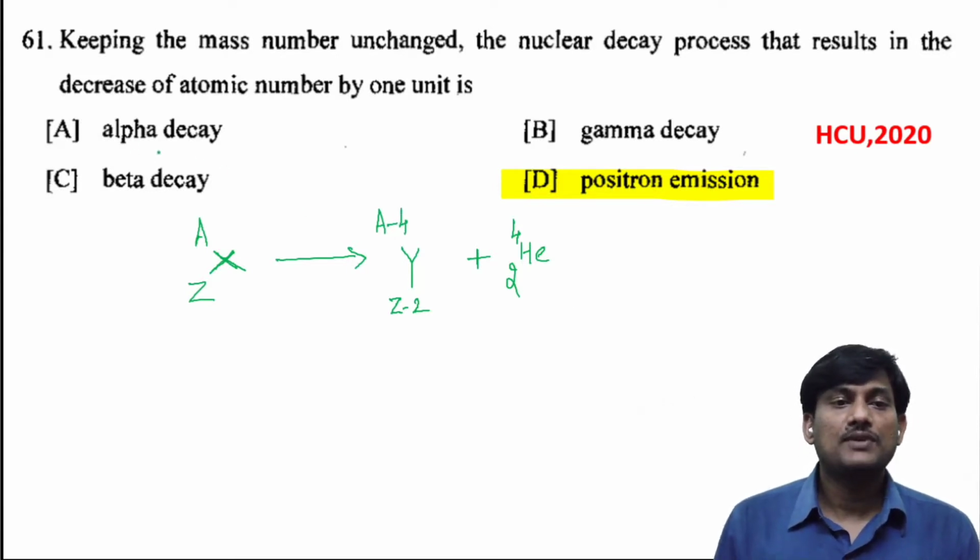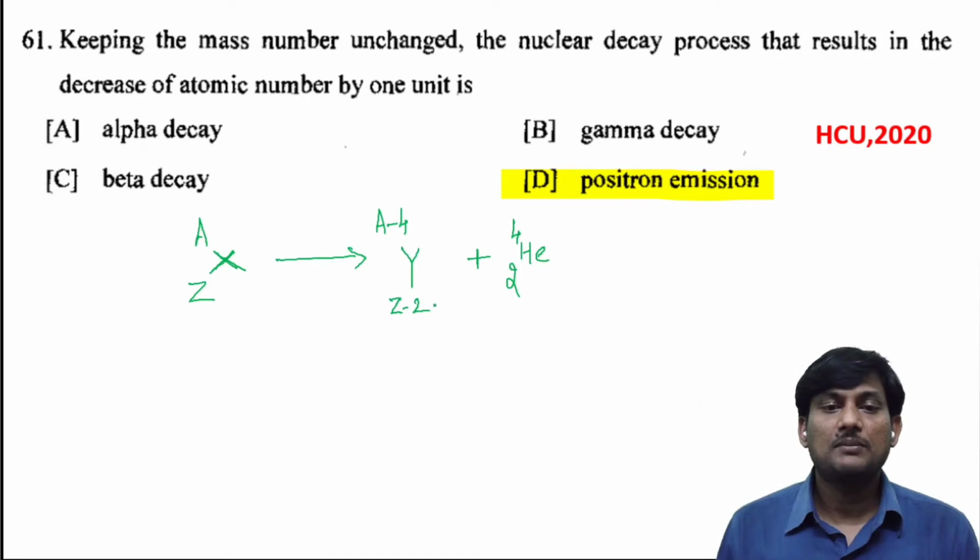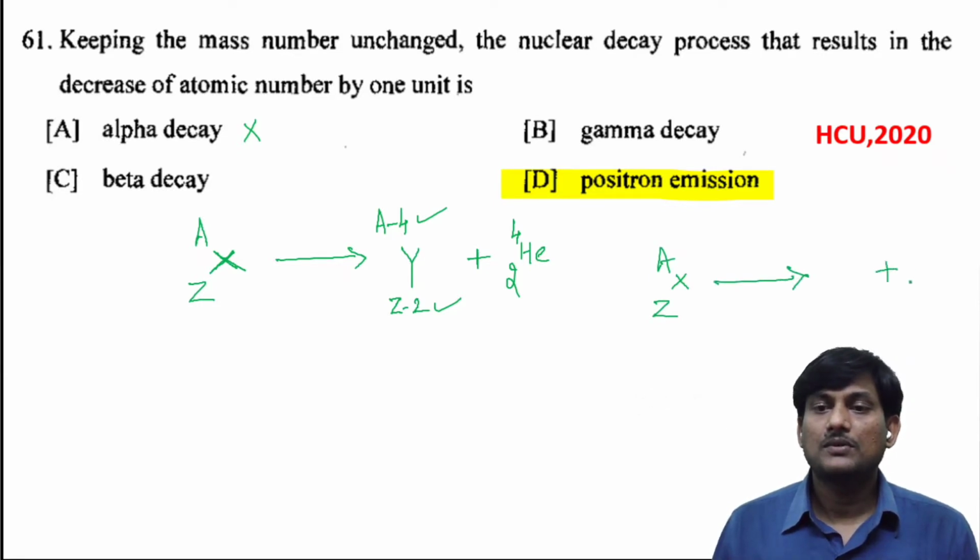So when there is alpha decay, there is a decrease in atomic number by 2 and atomic mass by 4. So this one is not correct. And gamma decay is massless. So when there is a gamma decay, you will get the same nucleus ZA.